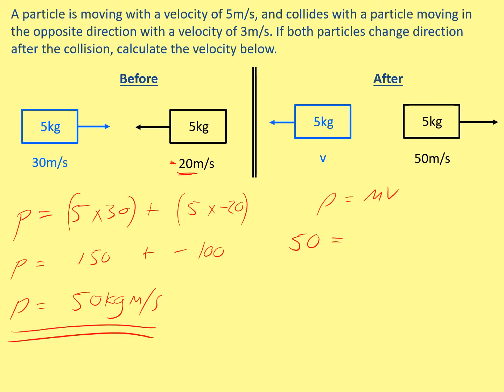This is going to be mass 5 times velocity v, mass times velocity, plus mass 5 times velocity 50. And you can work these out. So that is 5 times v, which is 5v, plus 250.